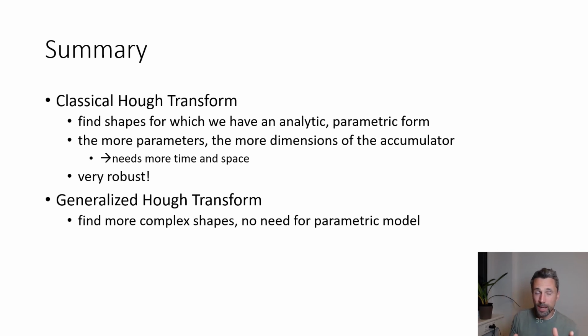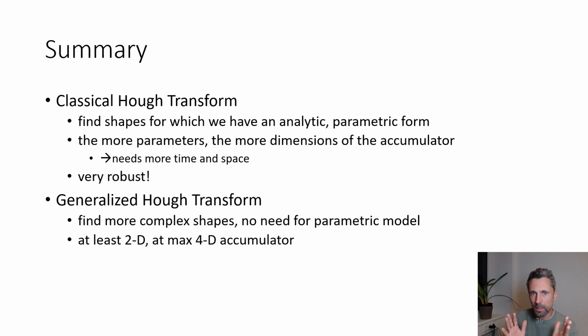You have to have a template though, and do a pre-processing step as discussed. You at least have 2 dimensions for the accumulator, which is most of the time the image dimensions. By adding rotation invariance and scale invariance, you add 2 more dimensions, making the accumulator 4-dimensional.